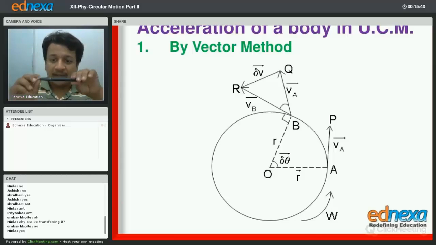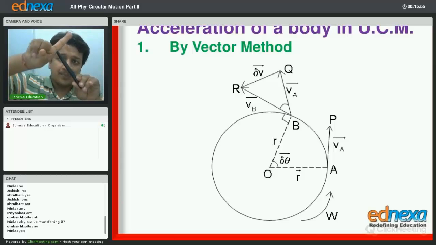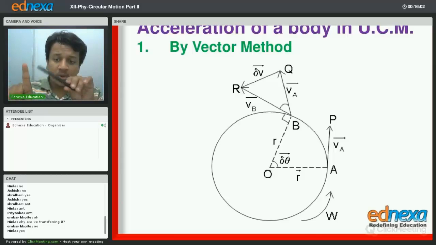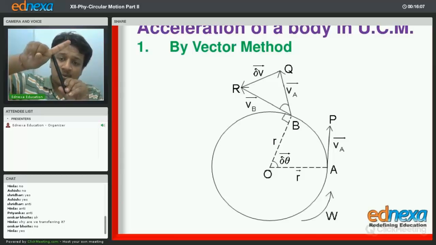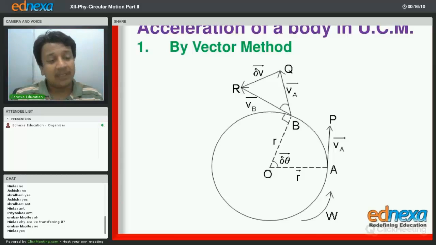Is it right? When OA, means the radius, reaches point OB, then again, when OA moves this way, AP will also move this way with OB to maintain angle 90 degree. So when OA covers angle delta theta, obviously AP will also move with angle delta theta to maintain 90 degree between OBR.